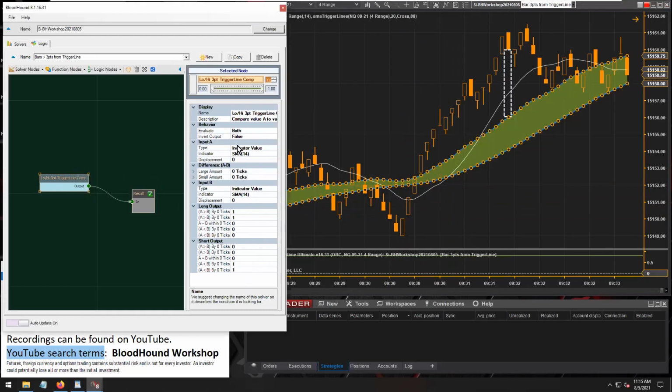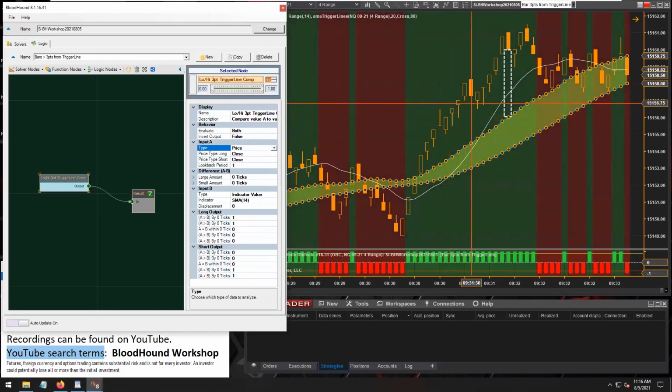So for input A, that's going to be price. If price is above our trigger lines, we'll generate a long output to identify that separation. And if the bars are below the trigger lines, we'll generate a short. This is why I keep saying it comes down to the details.